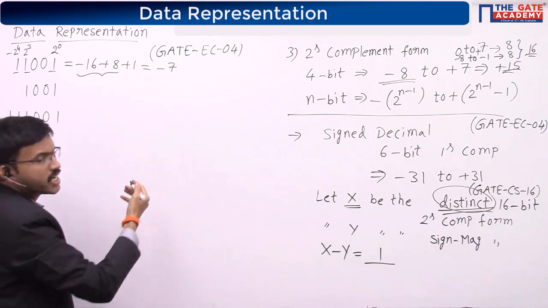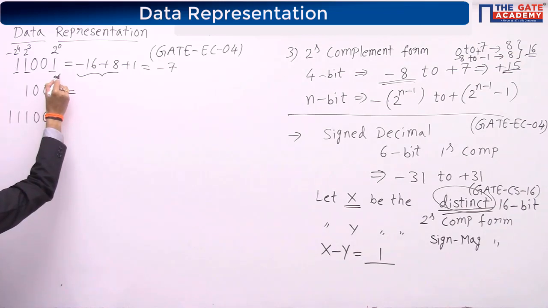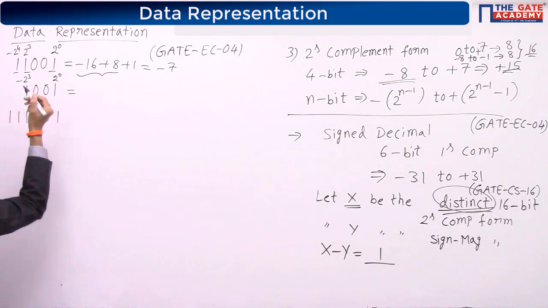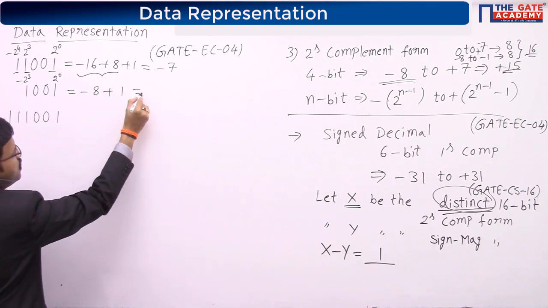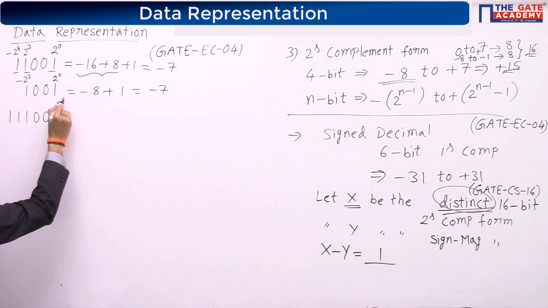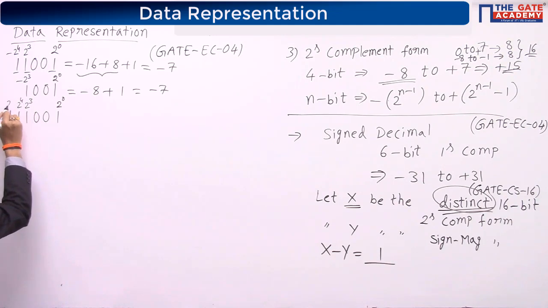Now let us check whether we are getting the same answer or not. Now here the positional weights are 2 power 0, 2 power 1, 2 square, 2 cube. Since the sign bit is 1, I will put minus here. Minus 8 plus 1. That is nothing but minus 7. Here the positional weights are 2 power 0, 2 power 1, 2 square, 2 cube, 2 power 4, 2 power 5.